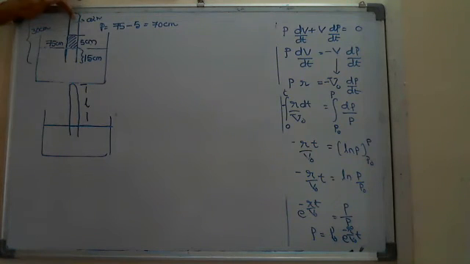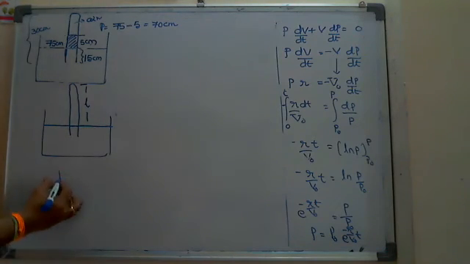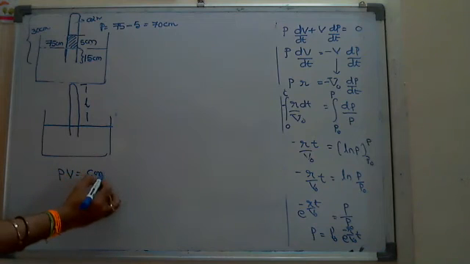The pressure present inside, and the total length of the tube is given as 30 centimeters. This experiment is done at constant temperature. Again we are coming back to the same concept, Boyle's law, PV is equals to constant.